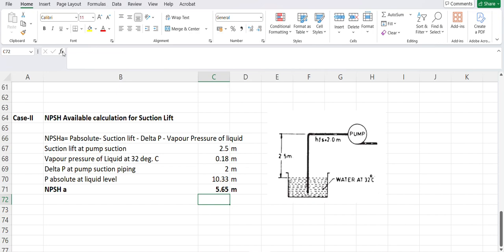Okay, I hope you got clarity about the NPSH available calculation for the static head conditions and the suction lift conditions. I just want to explain why this is important: to avoid cavitation.